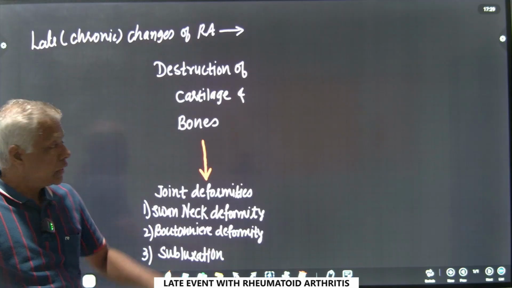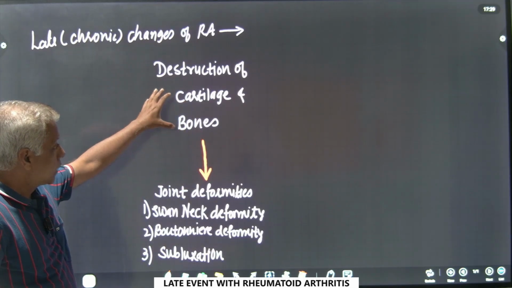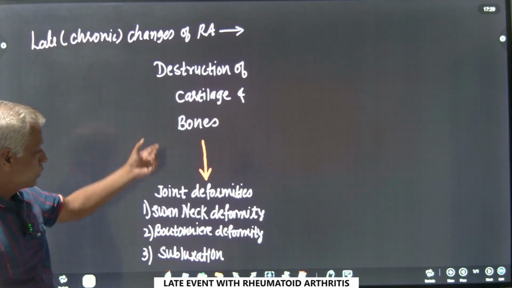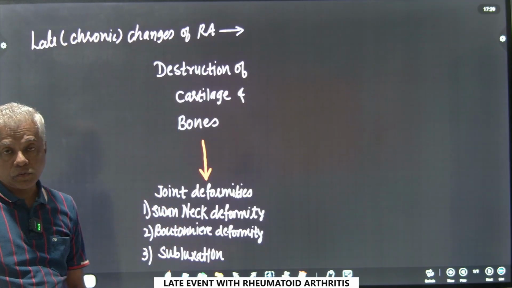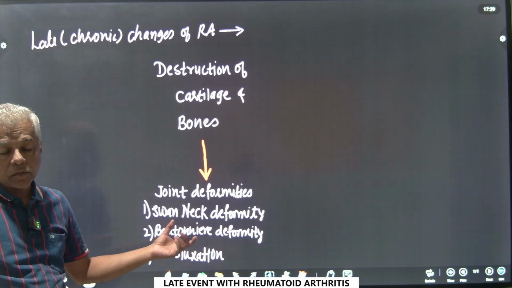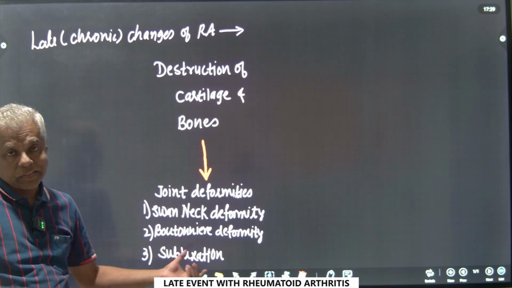Finally, the patient is presented with various types of joint deformities like a swan neck deformity, a boutonniere deformity or a subluxation.